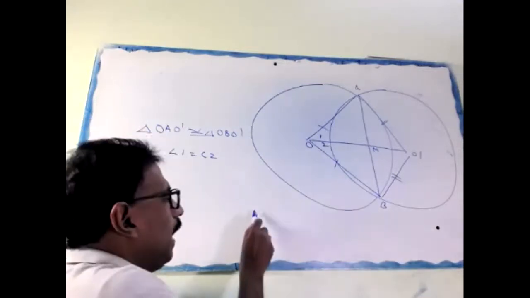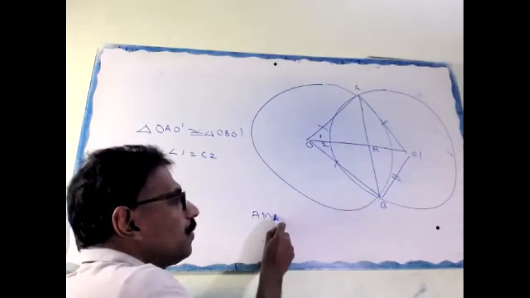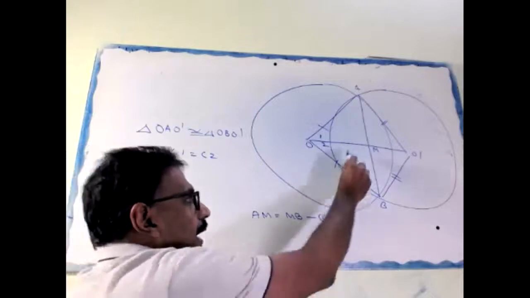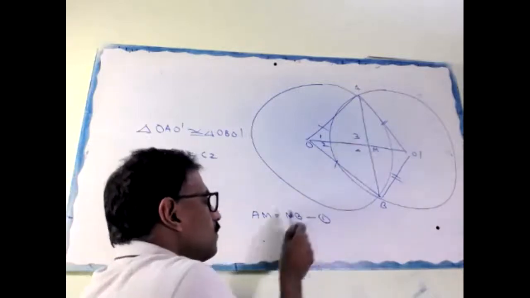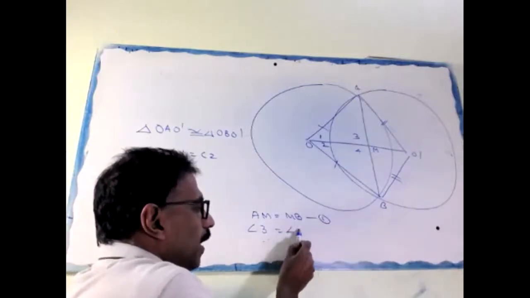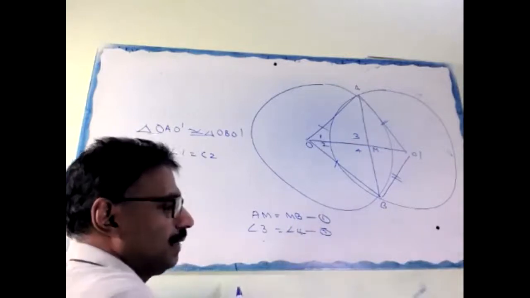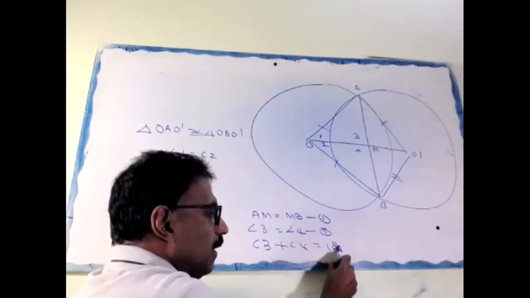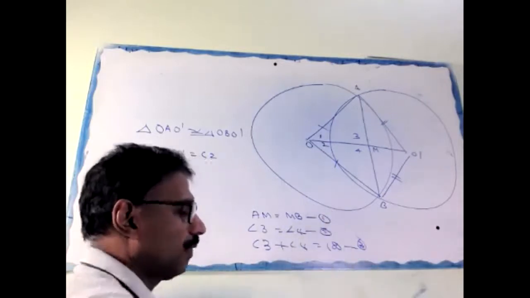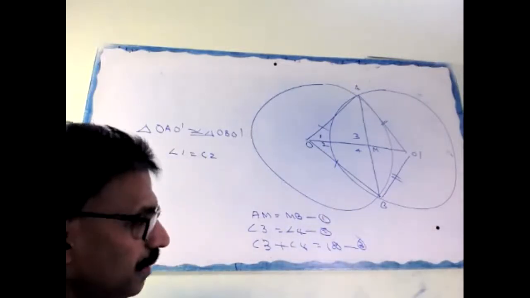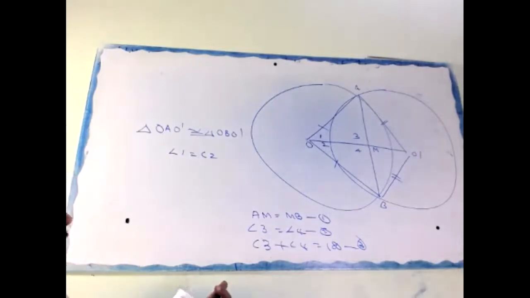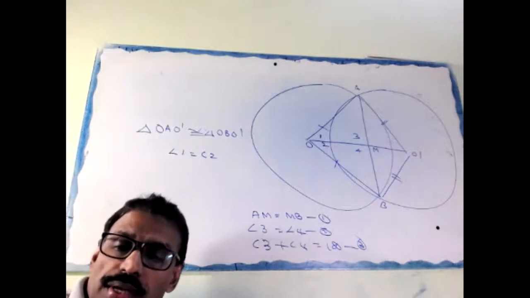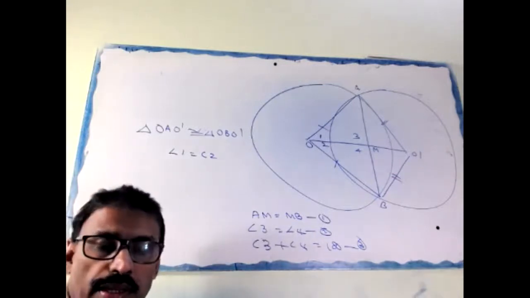Hence, AM equal to MB, CPCT, number 1. Angle 3 equal to angle 4, number 2, CPCT. Angle 3 plus angle 4 equal to 180, number 3, linear pair. Therefore, from 1, 2, 3, we get O dash is the perpendicular bisector of AB. Okay, write now.